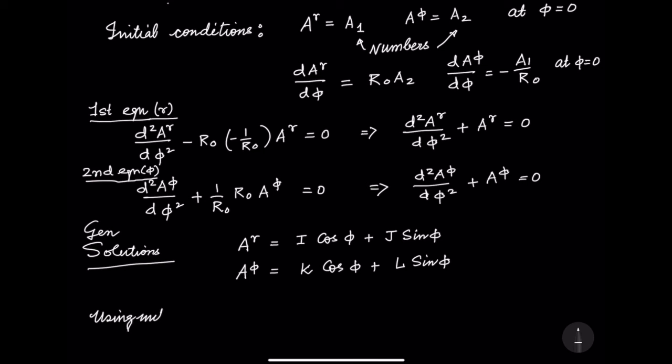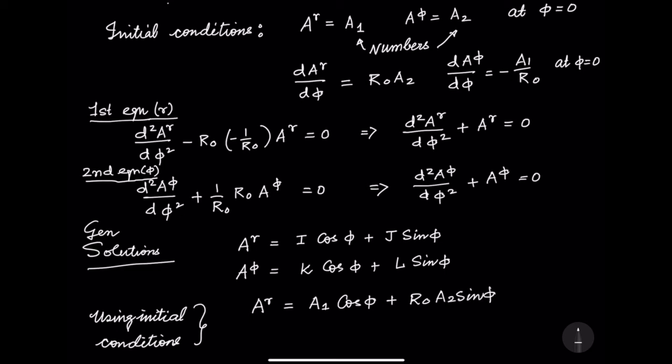If I use the initial conditions, and I'm not working it out because you are adult enough to do this by yourself, you will see the solution that I get is Ar will come out to be A1 cos phi plus R naught A2 sin phi, and Aphi will come out to be A2 cos phi minus A1 by R naught sin phi.